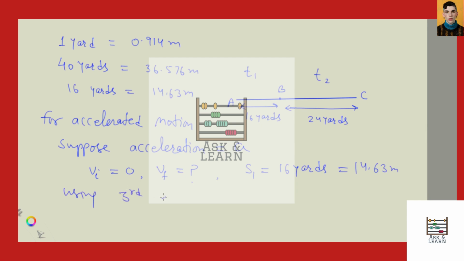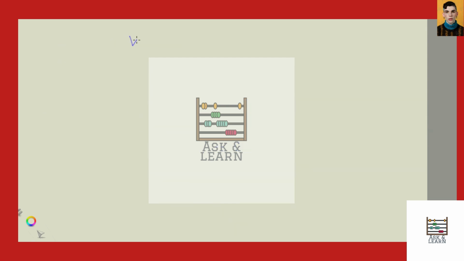Hence, using the third equation of motion, which says Vf square is equal to Vi square plus 2As. So, putting the known values, Vf is unknown, so it will remain same.